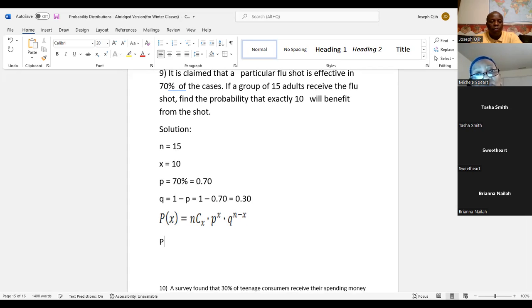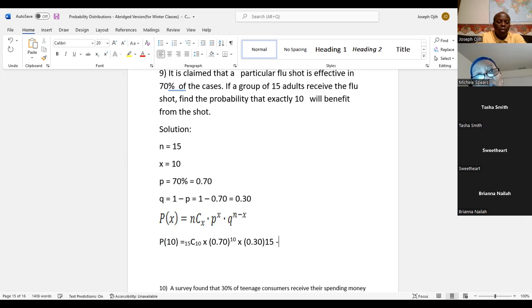So this will give us the probability of exactly 10 is equal to N combination X, that means 15 combination 10, times P, which is 0.70, raised to the power X. Now X is 10, times Q, which is 0.30, raised to the power N minus X, which is 15 minus 10.